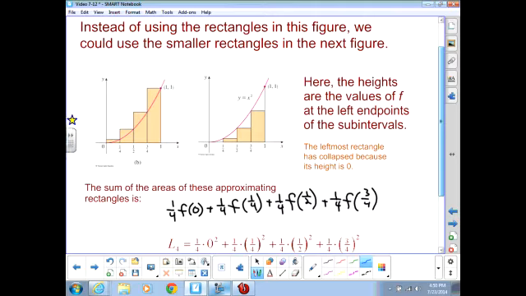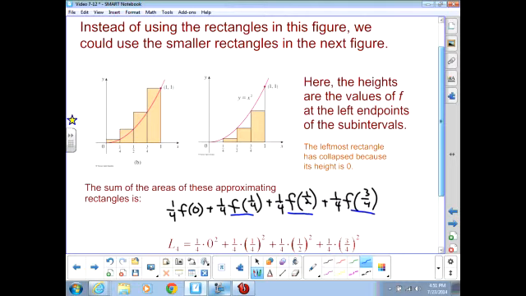So in that first rectangle that had a base going from 0 to 1/4, if we use the left-hand endpoints, we're really using f of 0. And in that second rectangle from 1/4 to 1/2, if we're using left-hand endpoints, we're using 1/4. So notice we're using f of 1/4 for the height, and then f of 1/2, and then f of 3/4, because those are the left-hand endpoints of our 4 rectangles.